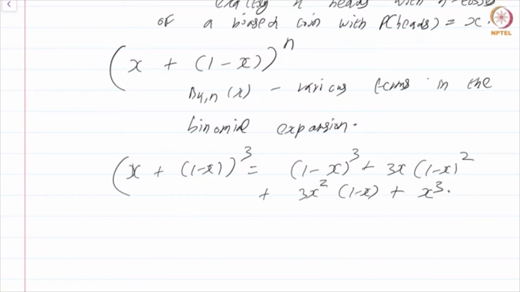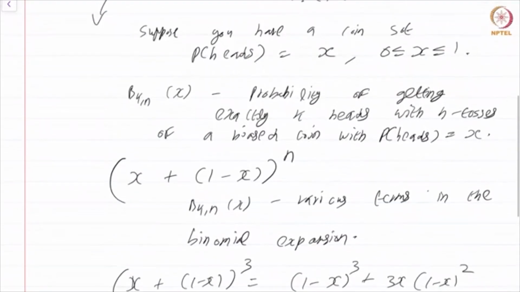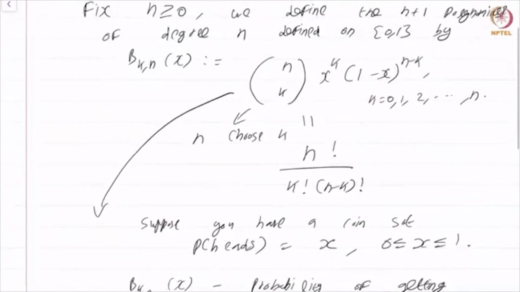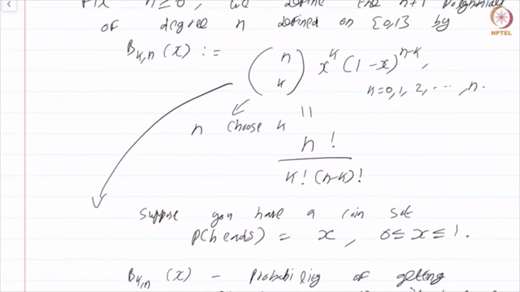Okay, so just look at what b_k^n of x is going to be here. We have b_0^3 of x will be 3 choose 0 times x power 0 times (1 minus x) power 3 minus 0. 3 choose 0 is just 1, so you will just end up with (1 minus x) cubed, which is exactly what you have in the first term.